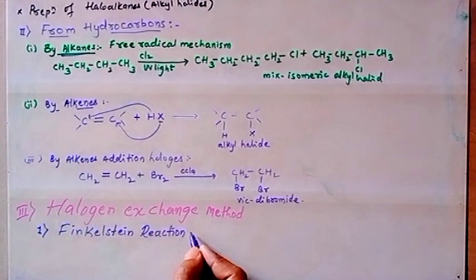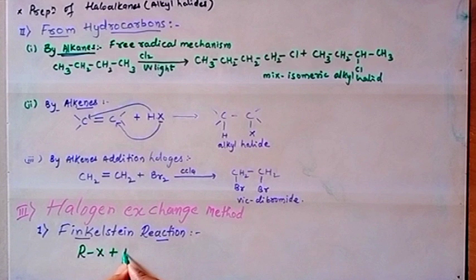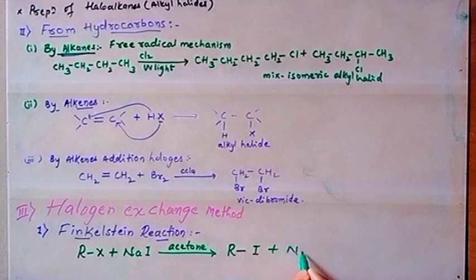So what happens in the Finkelstein reaction? In this reaction we treat the alkyl halide with sodium iodide in the presence of dry acetone. We get an alkyl iodide plus sodium halide. The halogen exchange takes place between these two reactants.